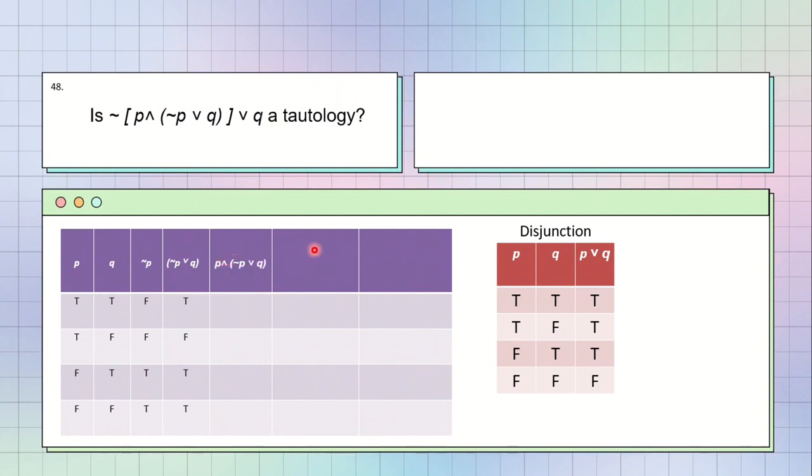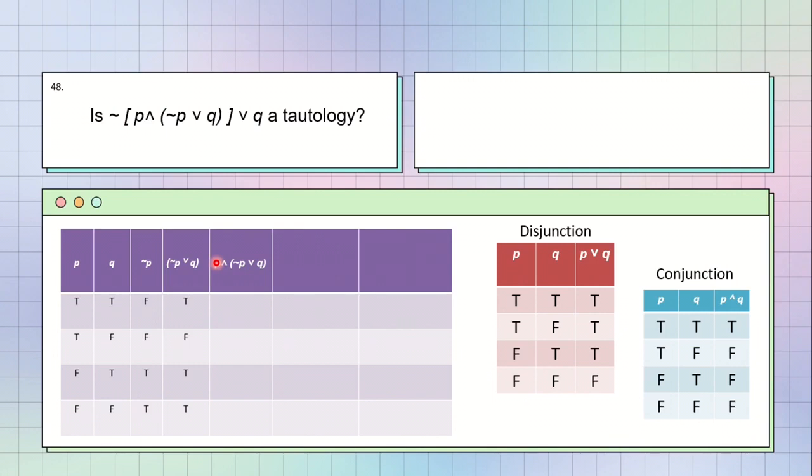So for this column, we have this symbol which is for conjunction. So here is a truth table for conjunction. So the values are true, false, false, and false. For the next, we will get the negation of this one. The value of the negation is false, true, true, and true.